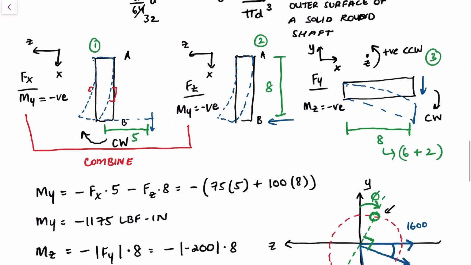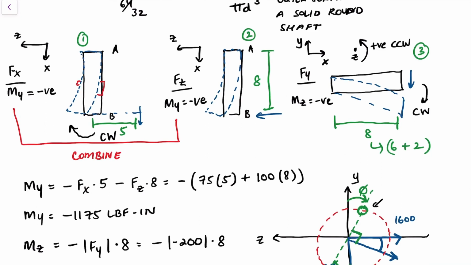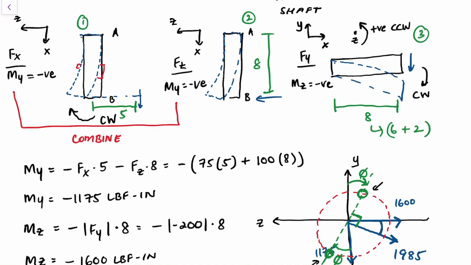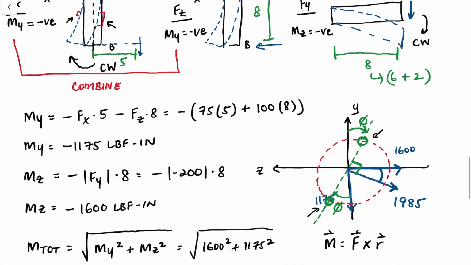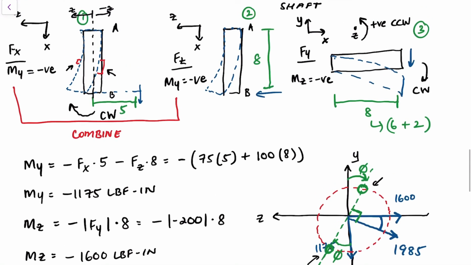Right? If I look at the first case here, because of the moment caused by Fx, you see that the elements in the positive z are in compression, right? So this is your x-axis right here, everything in the positive z is going to be in compression, and everything in the negative z is going to be in tension, right? We know that we're going to add those in tension and subtract those in compression.